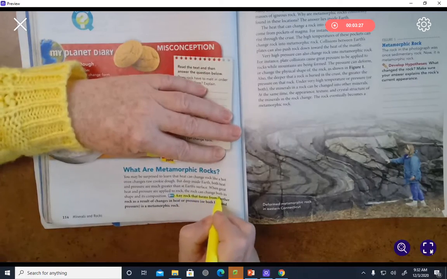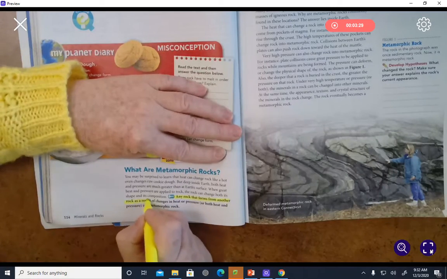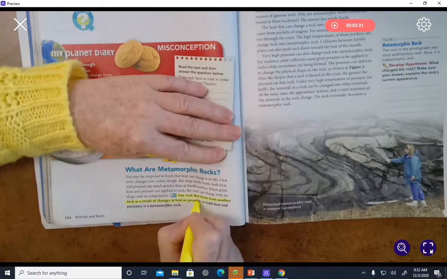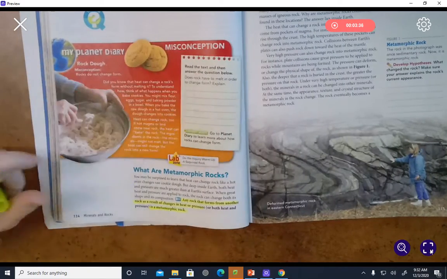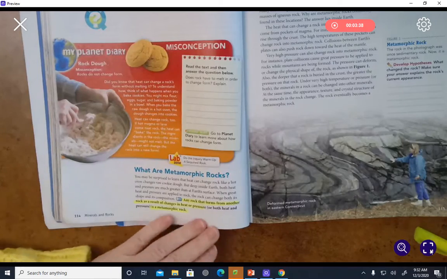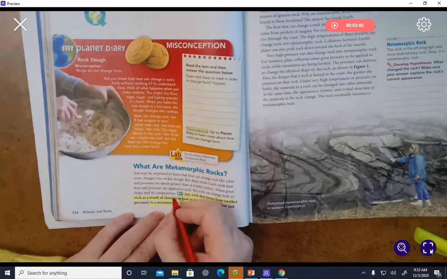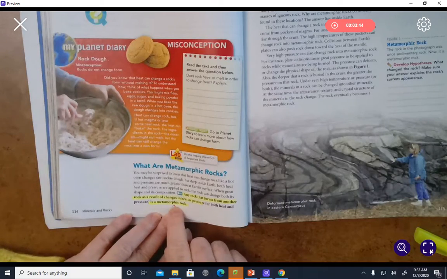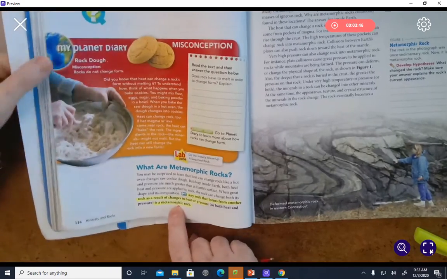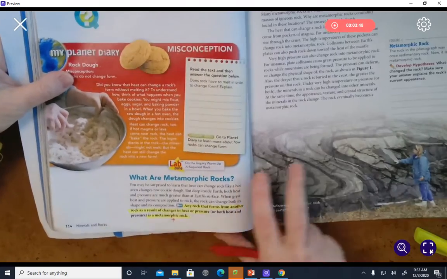Any rock that forms from another rock as a result of changes in heat or pressure, or both heat and pressure, is a metamorphic rock. And maybe we can remember some of the things that I said before, that you see this little P and H at the end of that name, and that could maybe remind you of the two words pressure and heat.